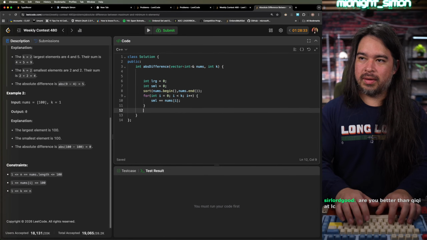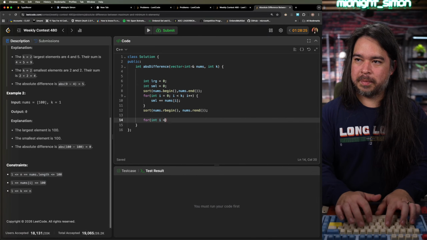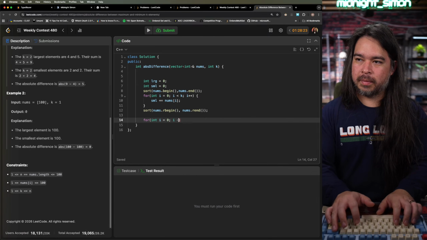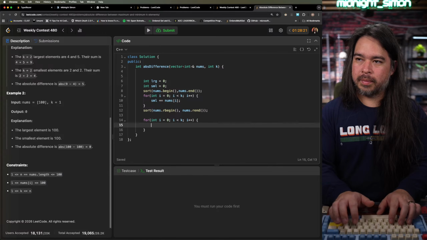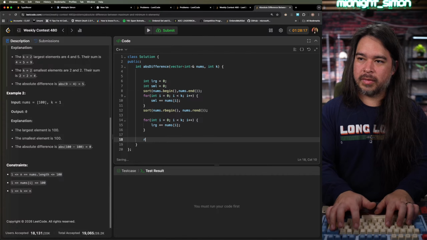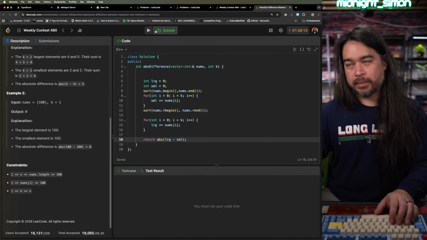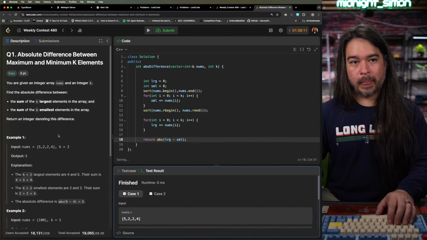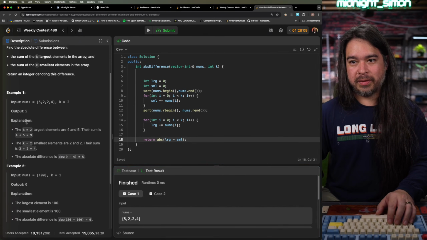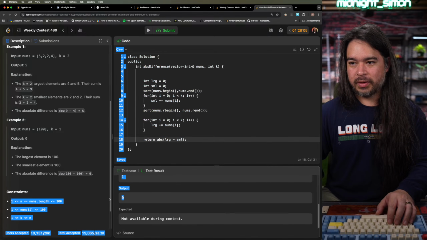And then I'm going to reverse sort them, and then this would be large. And then you want to return the difference. So we're looking for 5 and 0. We got 5. We got 0.